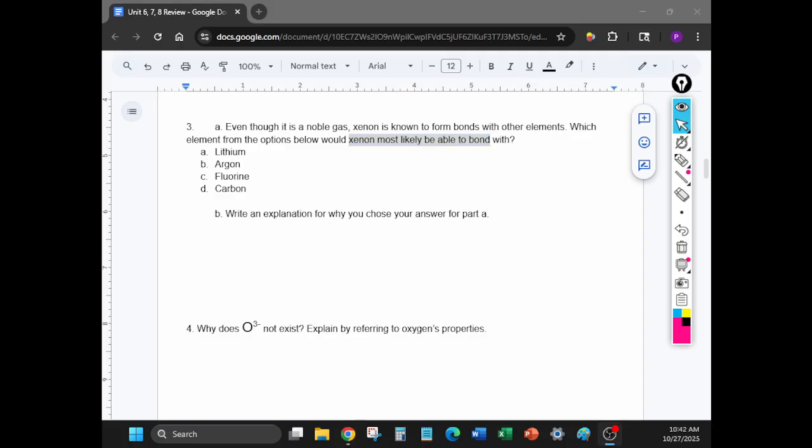Okay, so in order to answer this, we first need to look at how the elements that are on the list tend to bond with other elements. So if we take a look at lithium, if you guys remember, what type of element is lithium? Metal. It's a metal, yeah. And if you have a metal, how do metals like to bond with other elements?